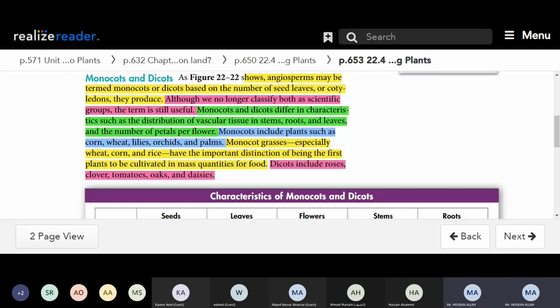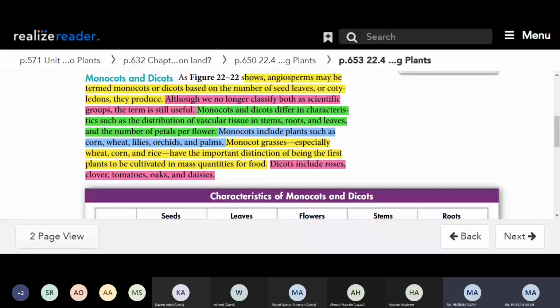Monocots include plants such as corn, wheat, lilies, orchids, and palms, right? So these are examples of the monocot. Monocot grasses, especially wheat, corn, and rice, have the important distinction of being the first plants to be cultivated in mass quantity for food. If you look at wheat, corn, rice, right? It's the main source of food today.